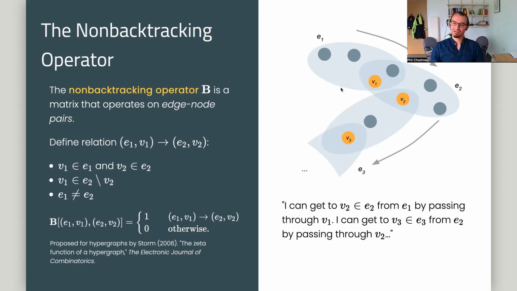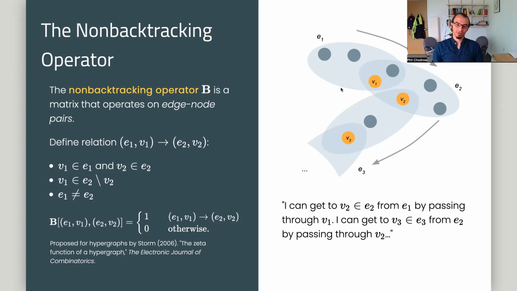So I can walk in my hypergraph without backtracking, without visiting the same edge consecutively or the same node consecutively. So the hypergraph non-backtracking operator is an operator that encodes these kinds of structured, well-behaved walks.